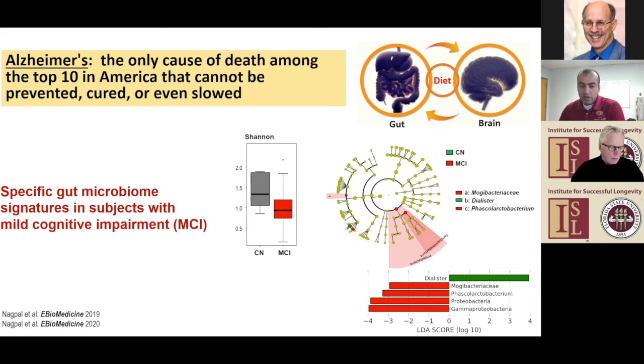These were very interesting effects because Proteobacteria and Gammaproteobacteria are groups that comprise a lot of opportunistic pathogens. So it showed that the patients with cognitive impairment had a proliferation of opportunistic pathogens in their gut, which was a negative signature of microbiome healthiness in the gut.